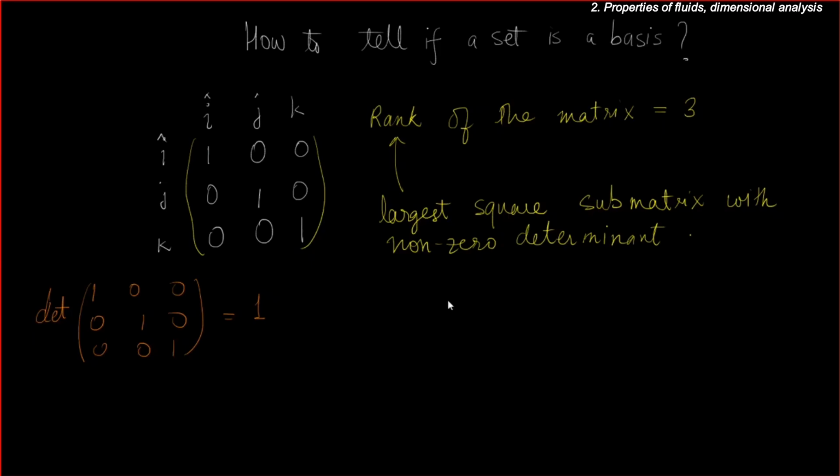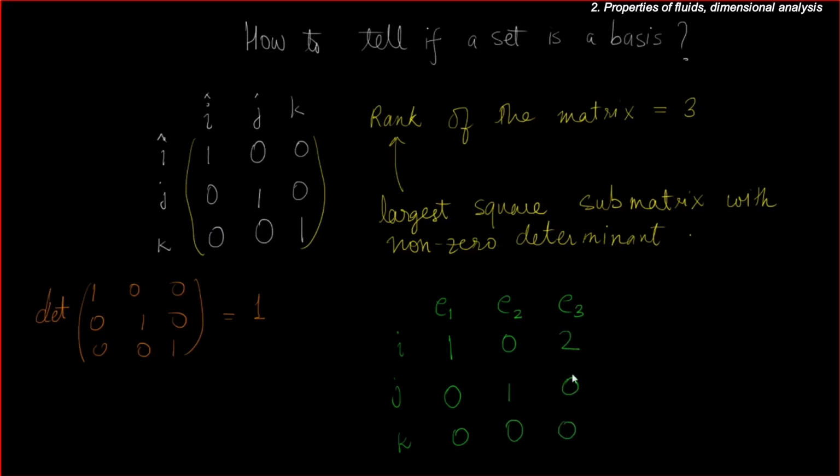Let us consider another example in which we have three basis vectors e1, e2, e3, where e1 is i plus 0j plus 0k, e2 is 0i plus j plus k, while e3 is 2i plus j plus k.